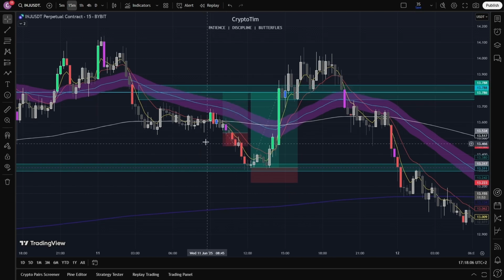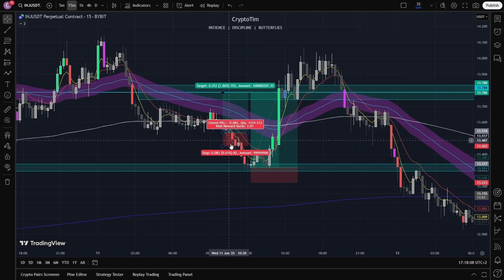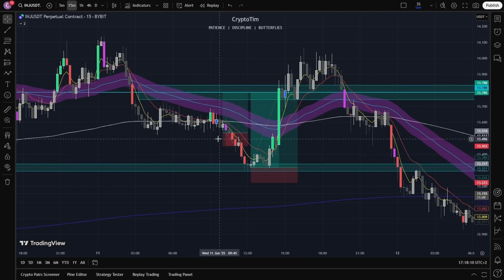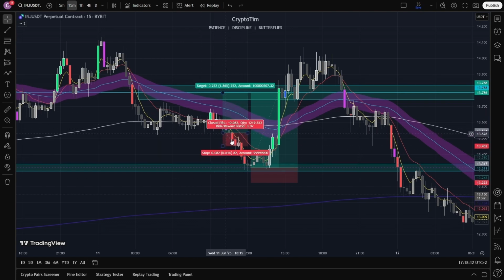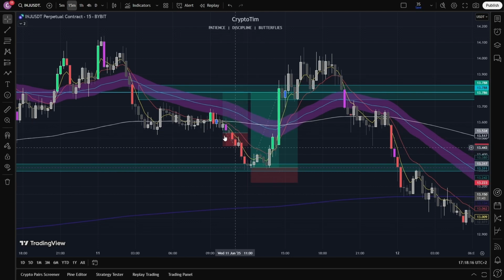I won't even call it a 3R because I was not having a risk factor. I was risking my whole account. If I didn't have a stop loss, I would risk my whole account to make X% of my account, which, with good risk management, is peanuts of the account size.